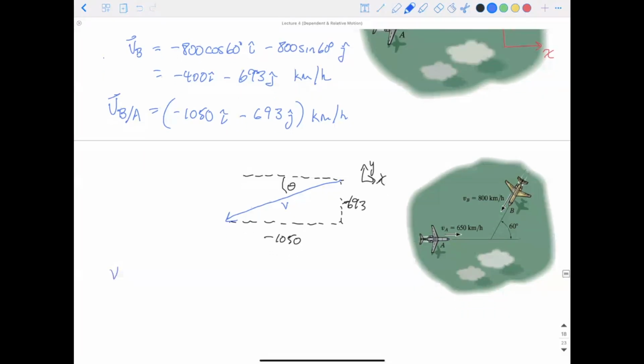We know v is going to be equal to the square root of the components squared: 1050 squared plus 693 squared. So that'll be equal to 1258.